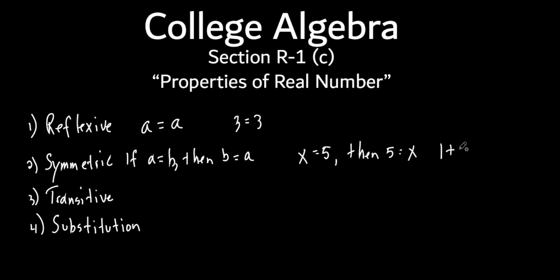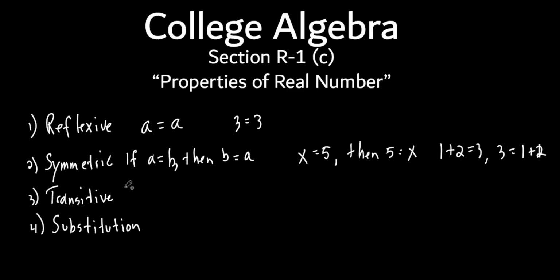If, let's go super easy, 1 plus 2 is 3, then 3 must equal what? 1 plus 2. You get it? All right. Again, it's kind of self-explanatory. And you look at it, you're like, why do people even have to come up with a name for this? It's kind of silly. But again, we use this a lot in geometry. But this is what this says.